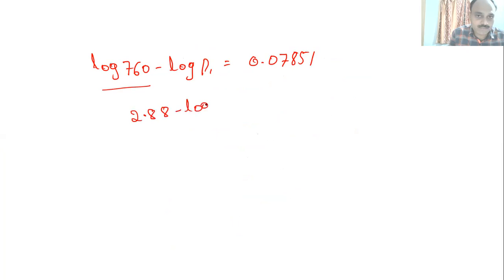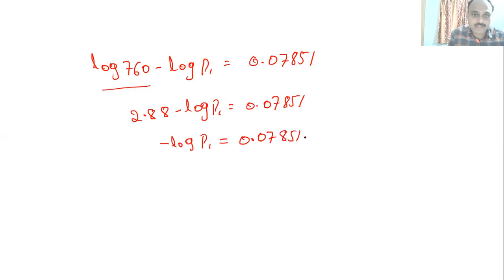Minus log of P1 is equal to 0.07851 minus 2.88, and this will give you minus log of P1 equal to minus 2.80149.